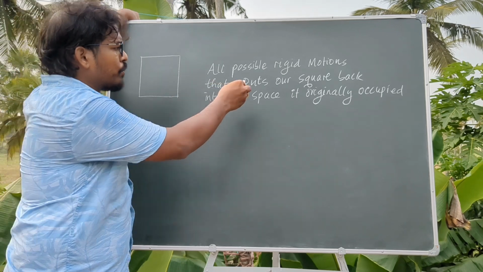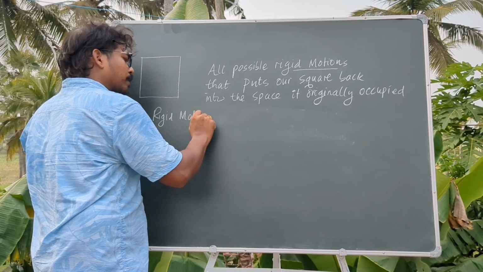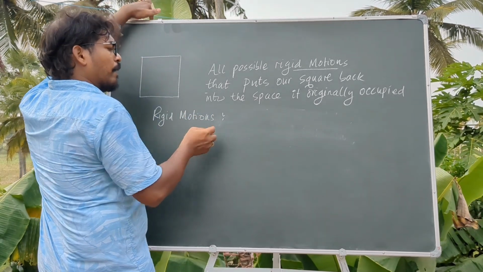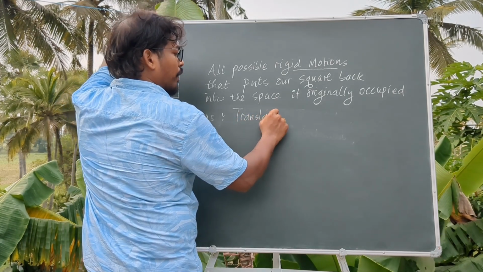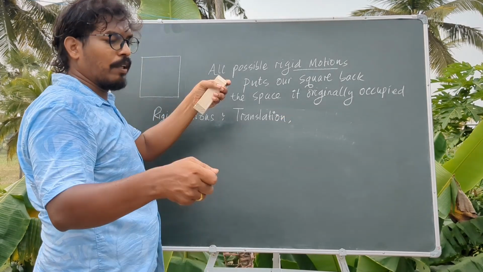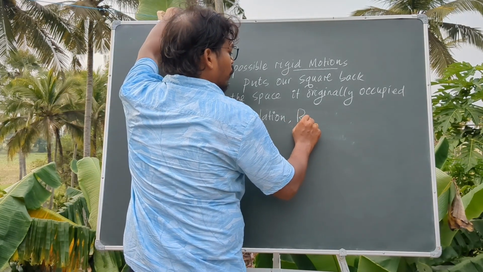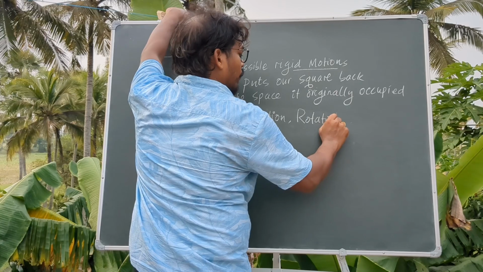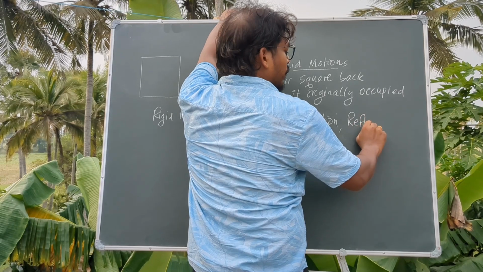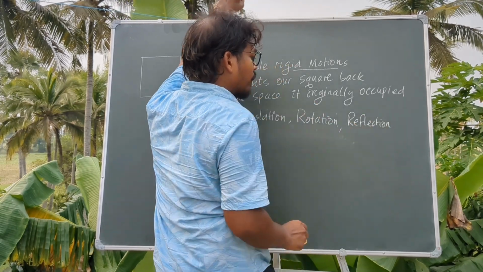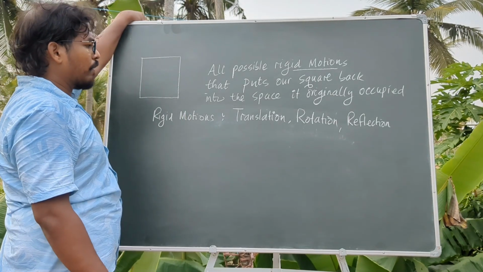So rigid motions means translation. Translating means you will move the object. Rotation, we will rotate the square. Reflection means we will flip the square in some axis.